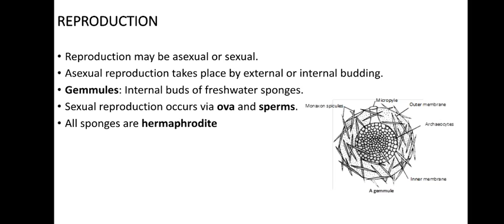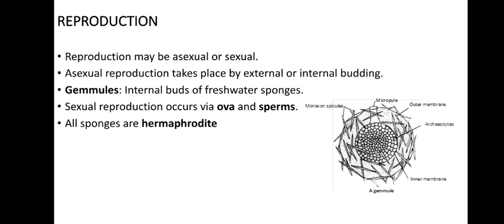So, during this time, to survive, the animal produces these internal buds inside the body of the sponge. Such internal buds produced as a result of drought or unfavorable condition, or to tide over an unfavorable condition, are called gemmules.